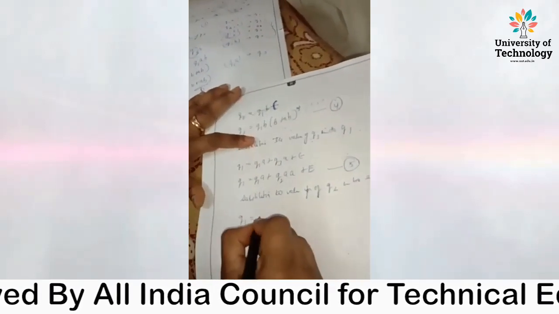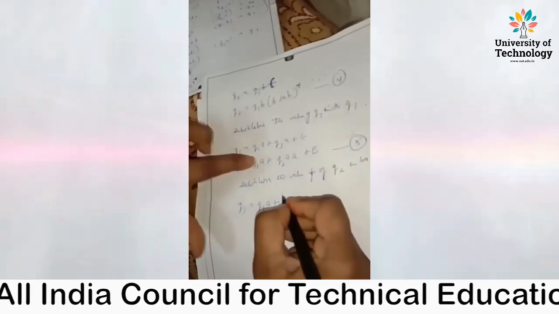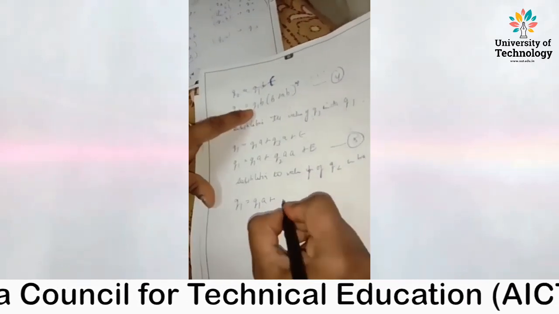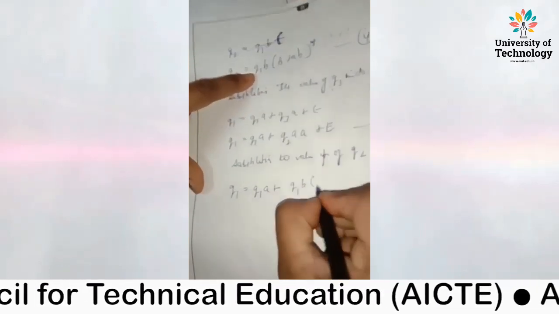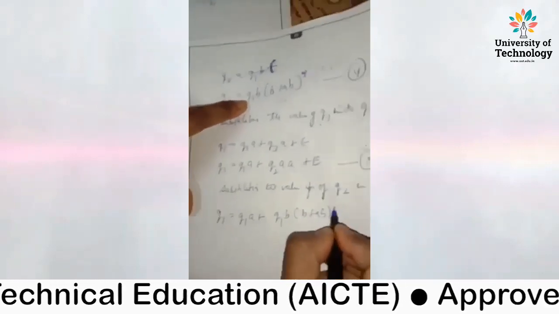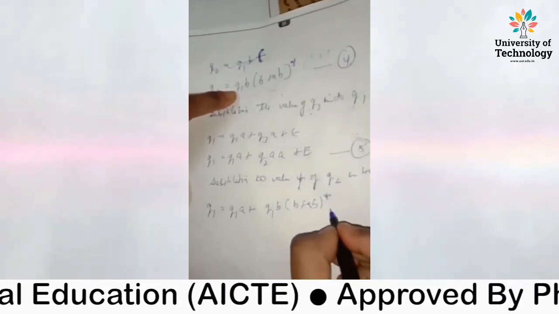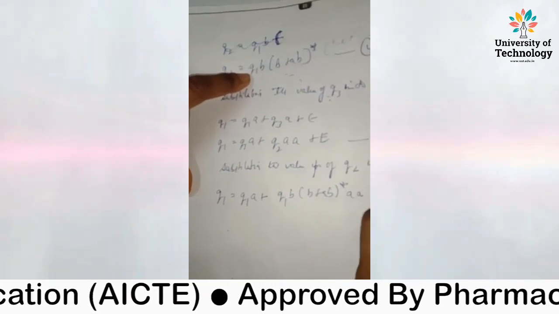So Q1 is equal to Q1A plus, what is the value of Q2? It is Q1B, B plus AB Kleene closure, and AA plus epsilon. See what we have done? We have simply substituted the value of Q2 into this, right?